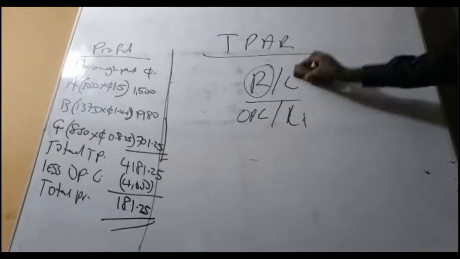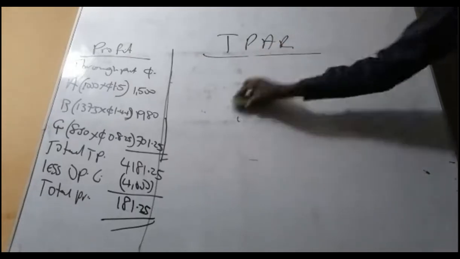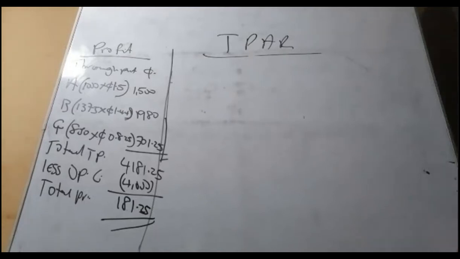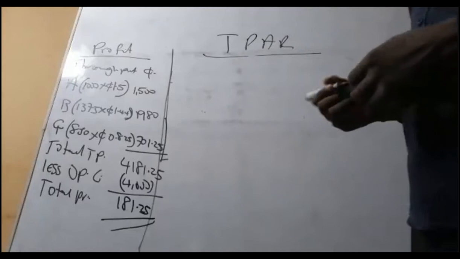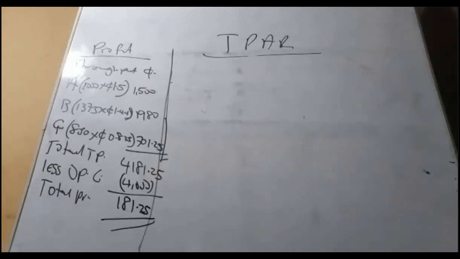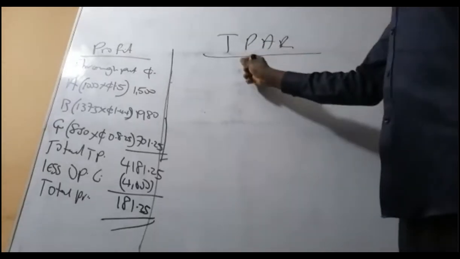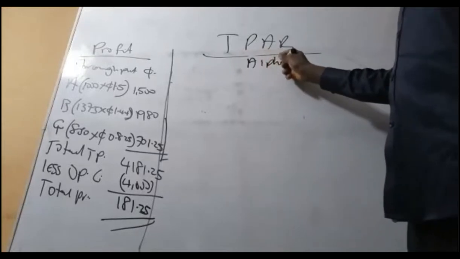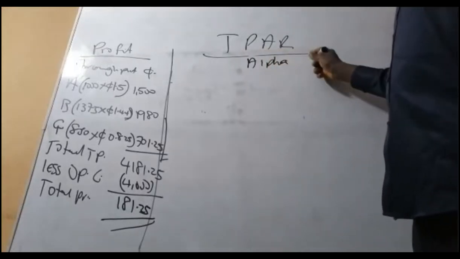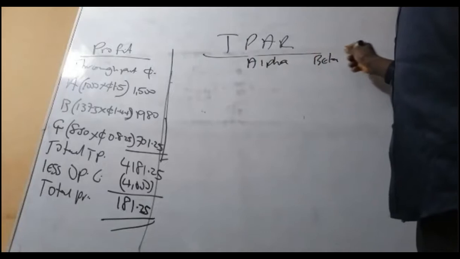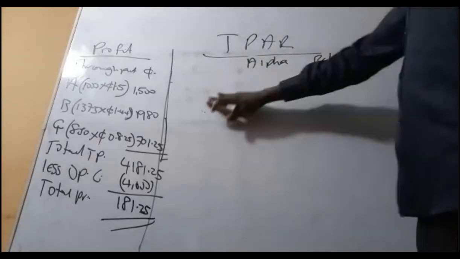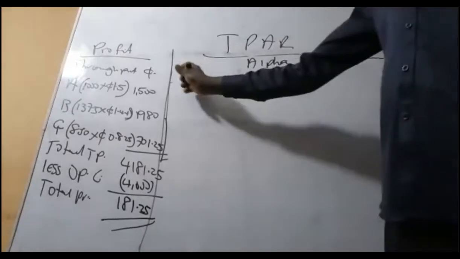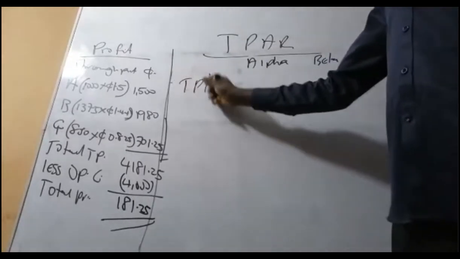Okay. So I'll list them here. You have already calculated it. That is the throughput per limiting factor. So I'll start with alpha, beta, and gamma. Write here throughput per limiting factor.